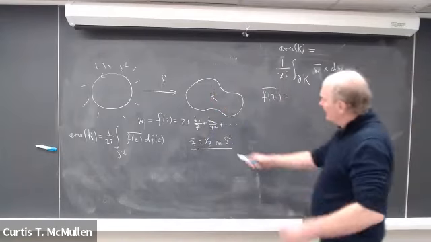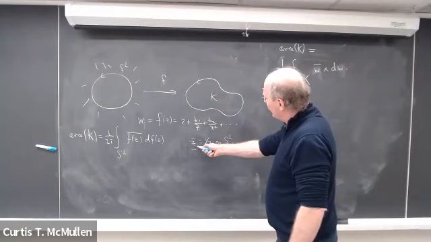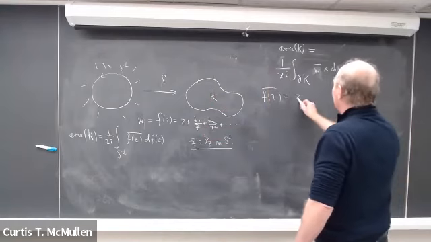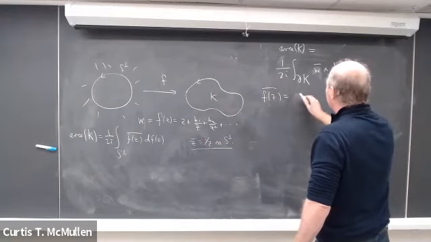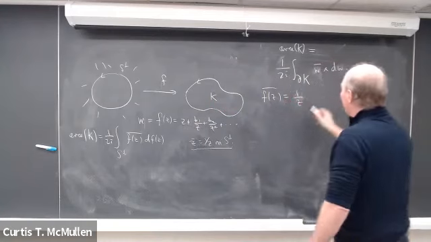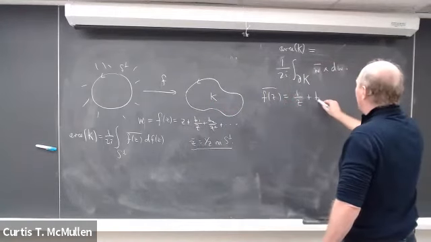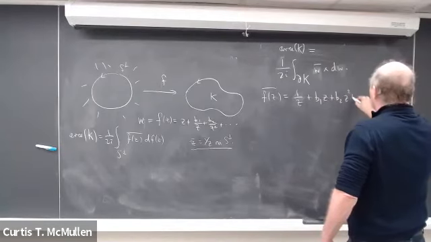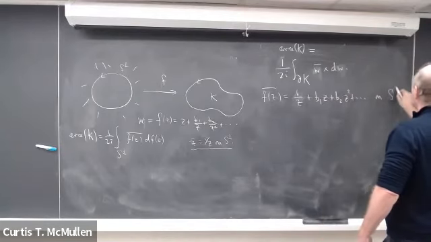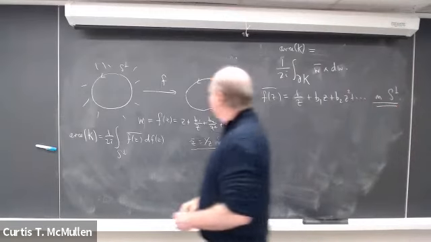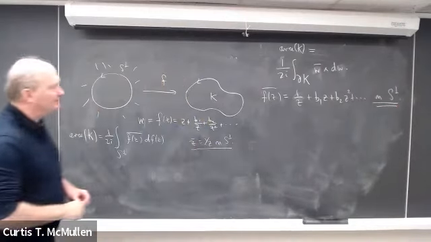So f of z bar looks like this. It's actually 1 over z, because z bar is the same as 1 over z, and then the rest of the terms now involve positive powers of z. This is on the circle. On the circle, we can take advantage of this identity.